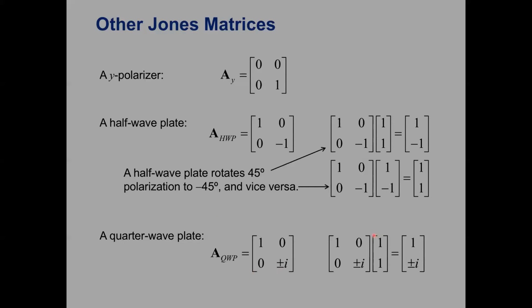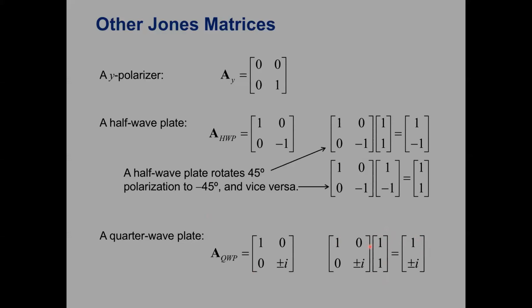So if we take our light wave polarized at positive 45 degrees, remember wave plates only work if our incident light wave is polarized at 45 degrees. We multiply by this matrix: 1 times 1 will give us an x component that's unchanged.